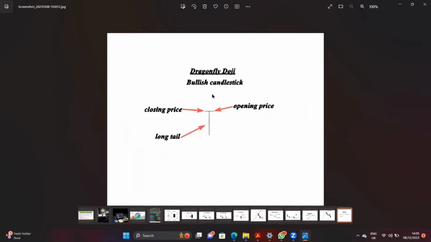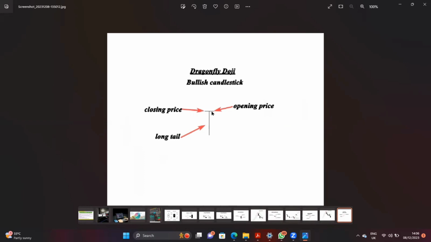Now, the dragonfly doji is a bullish candlestick pattern, which is formed when the open, high and close are the same or about the same price. If you look at this candle from where it opened and closed, you find that there is almost no body. It has a wick going down and up, but we cannot call it a wick because it is the close and open.